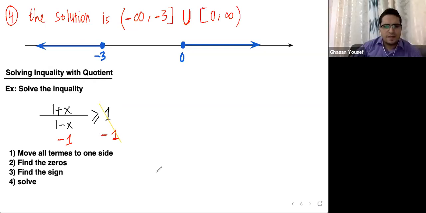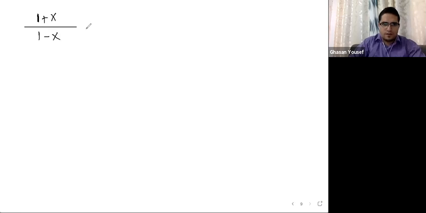Now I get 1 plus x over 1 minus x minus 1 is greater than or equal to 0.